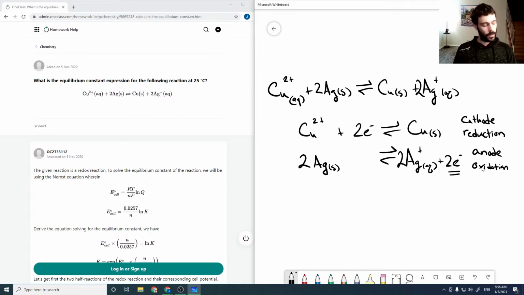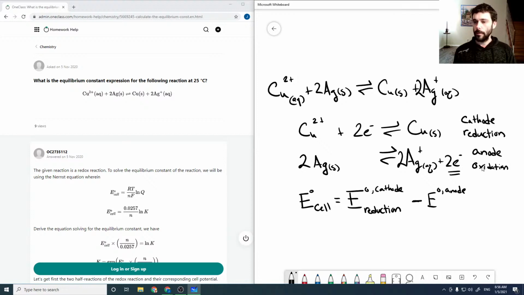and compute our E0 cell, which is equal to our standard reduction potential for the cathode minus the standard reduction potential for the anode. Okay.